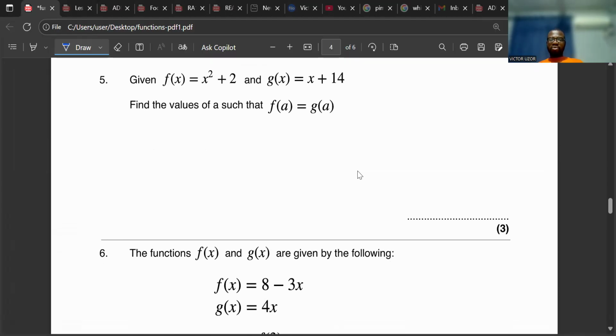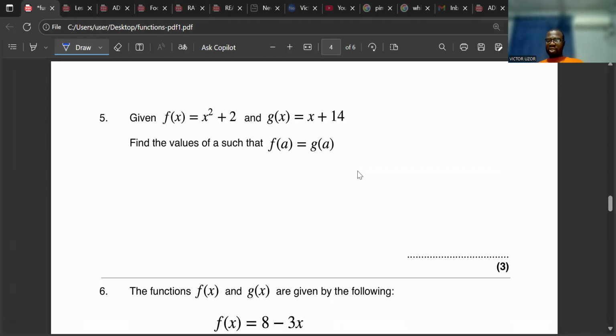Okay. So I would like to do this one. They say you should find the value of A such that f of A is equal to g of A. That means first of all put A in both. My f of A will now be A squared plus 2. My g of A will now be A plus 14.